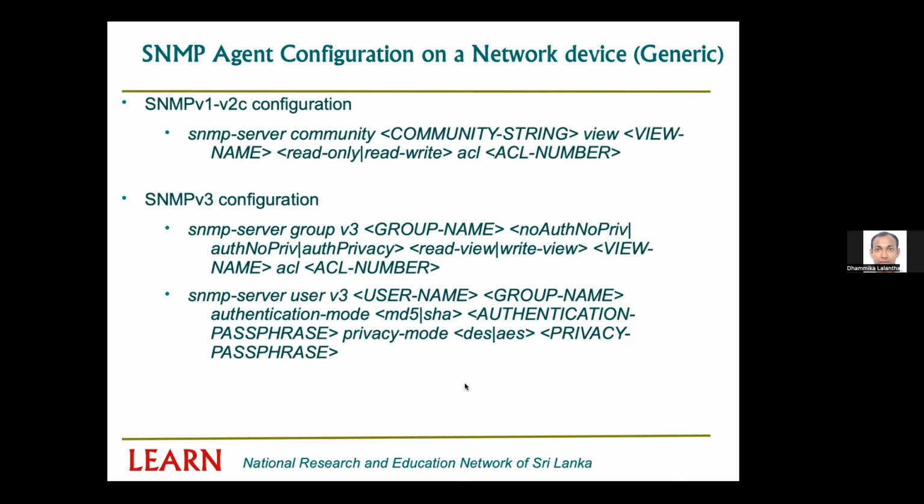Privacy also has some kind of passphrase or password. When we configure the device like this, then from the client side, when you are using tools like snmpget or snmpgetnext, or whether we are using Nagios or Cacti for getting that information, we have to specify the same information specified here, like password or community string.